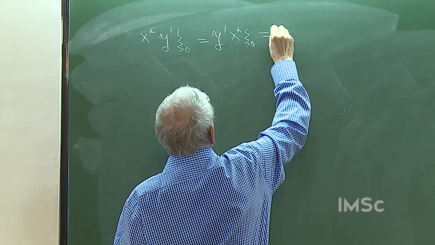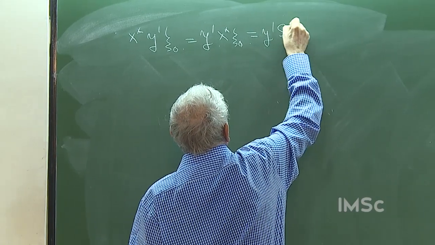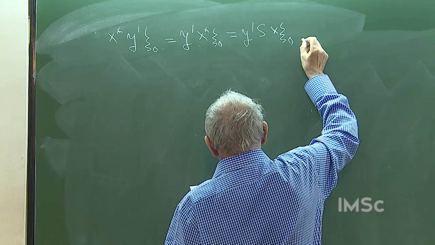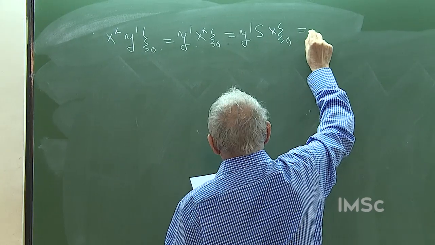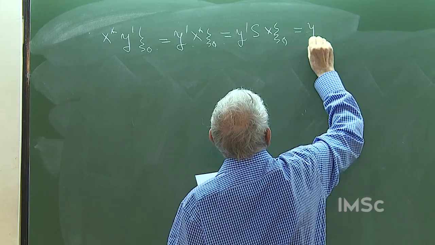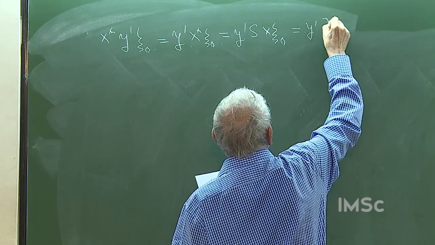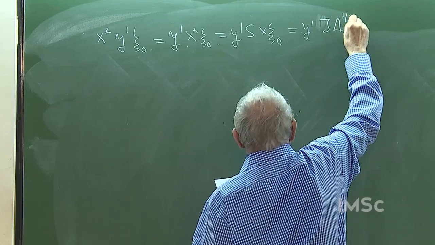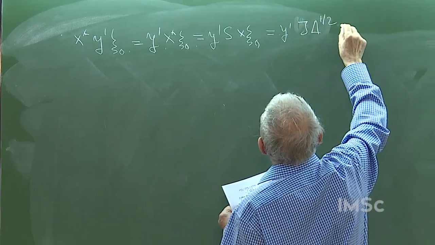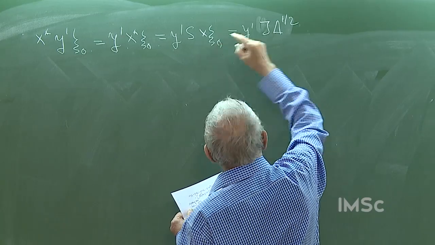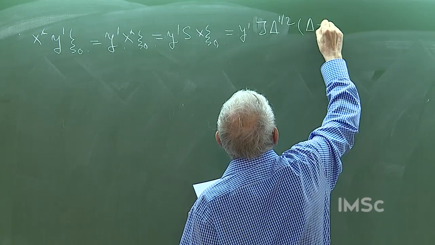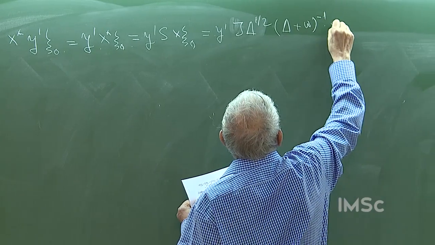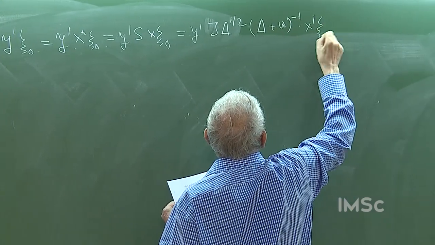It's equal to y prime S of x psi naught. It's equal to y prime, instead of S, I write J delta power 1/2. And instead of x naught, I put delta plus omega to power minus 1 x prime psi naught.